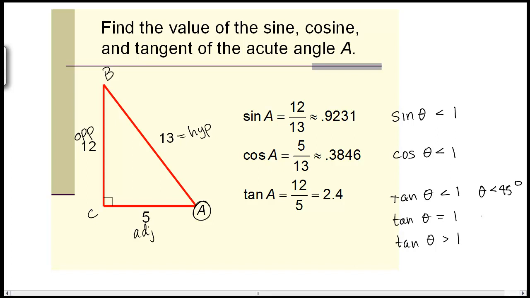If the tangent is equal to 1, the angle is actually 45 degrees. And if the tangent is greater than 1, the angle is greater than 45. So by looking at this problem, since the tangent of angle A is 2.4, which is greater than 1, I know that A has to be greater than 45.